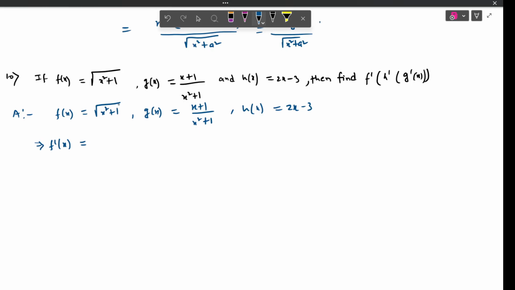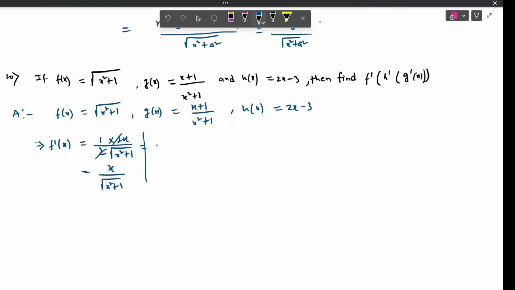So x to the power n format, x to the power half. So n into x to the power n minus 1, that is half minus 1 is minus half. So it would be 1 by twice root under x square plus 1. Now if you move into the square root, differentiation of x square is 2x, and differentiation of 1 is 0. So these two cancel out. So this would be x by root under of x square plus 1.